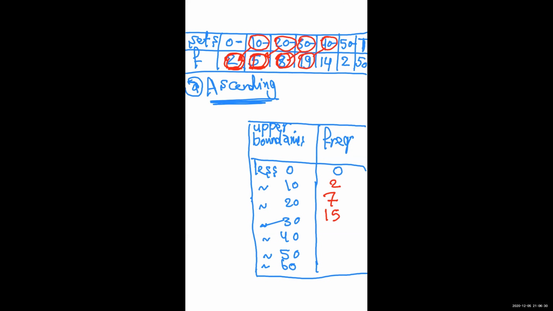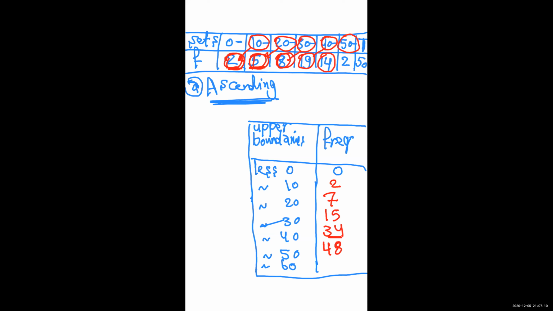Okay, let's continue. So here, 34. And then less than 50, so 14 plus all these numbers, I mean 14 plus 34, it will equal 48.